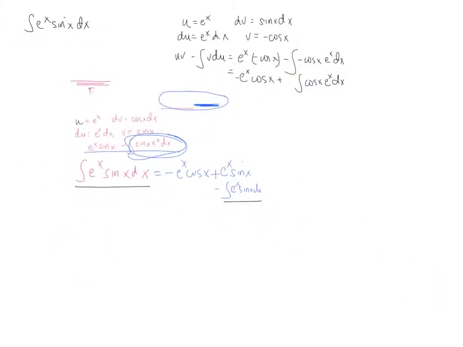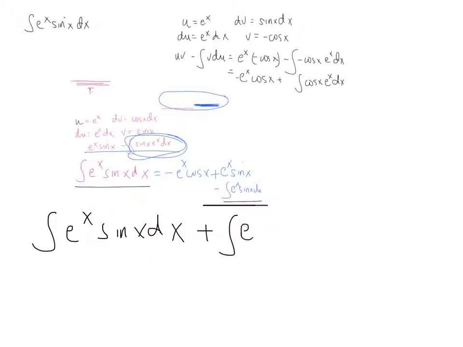So to continue, this will be the integral of e to the x sine x dx. If I add the opposite of this on both sides, we have plus the integral of e to the x sine x dx. Then the right side is now negative e to the x cosine x plus e to the x sine x.